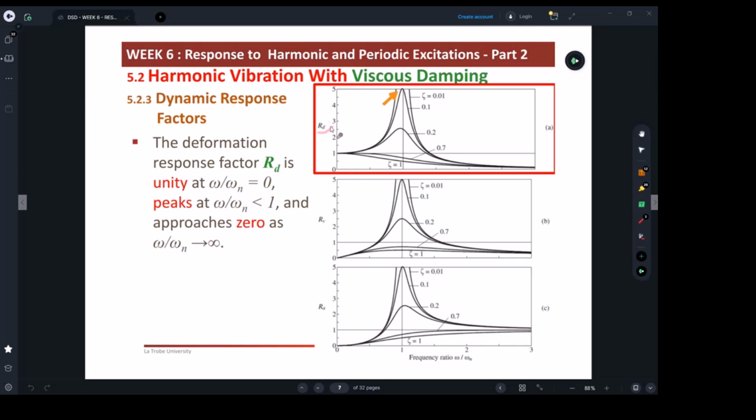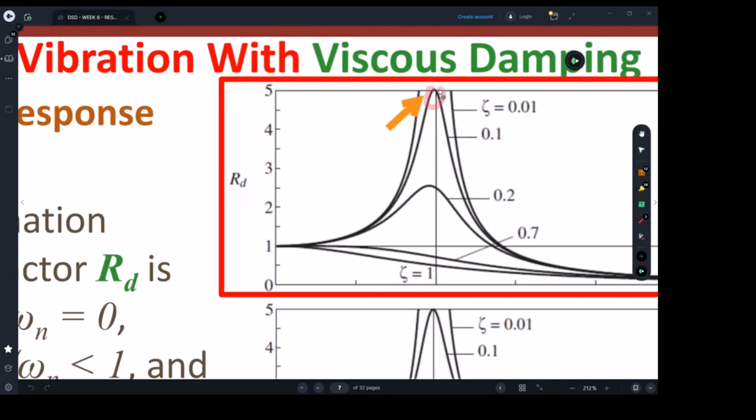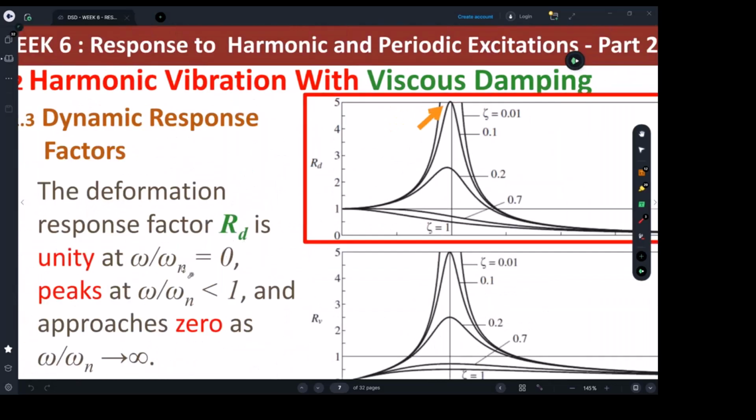Looking at the first one here, RD, that was something we discussed last week. Pay attention to where it's peaking. We're going to come to it. So what we found is, have a look here, the horizontal axis is the frequency ratio.